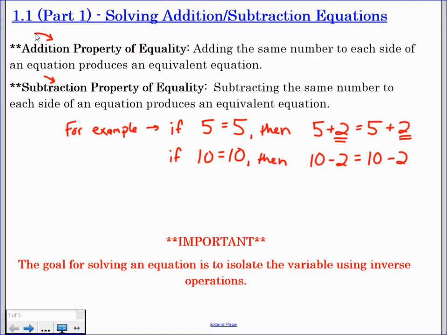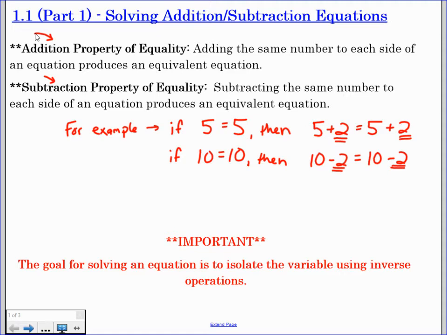If I subtract the same thing from both sides of my equation, it is not going to change. I still have an equivalent equation even if I subtract the same number or add the same number from both sides. Again, it's not super important that you memorize the exact definition of what these properties say, but just the concept that adding and subtracting the same thing from both sides of your equation does not change the value of the equation.